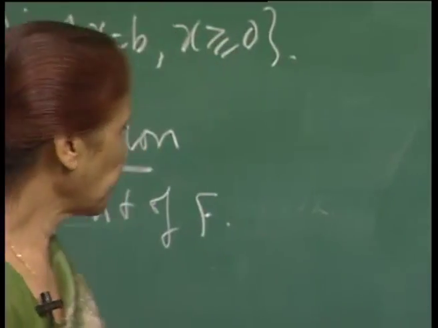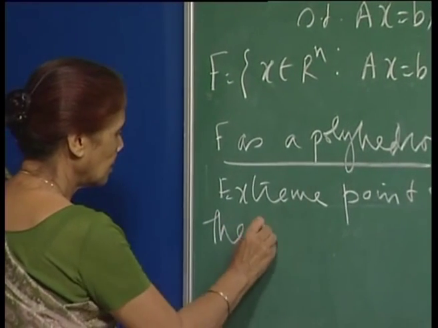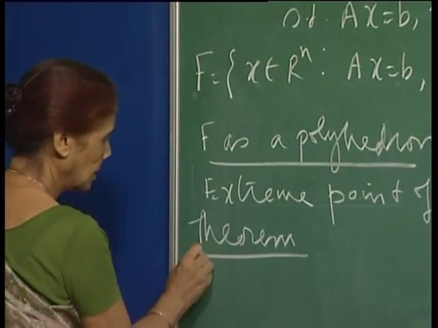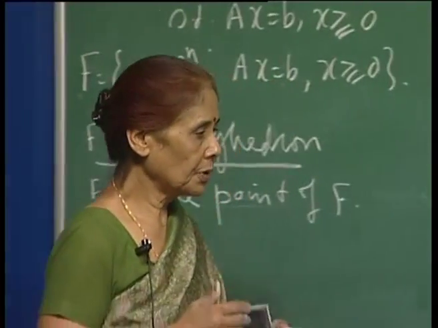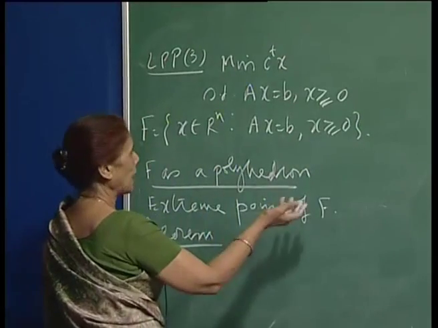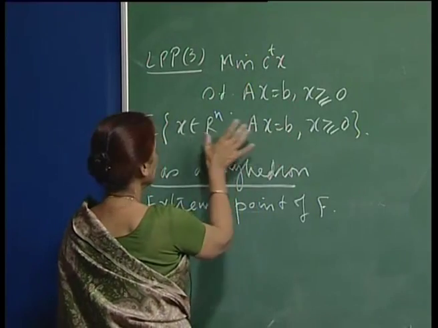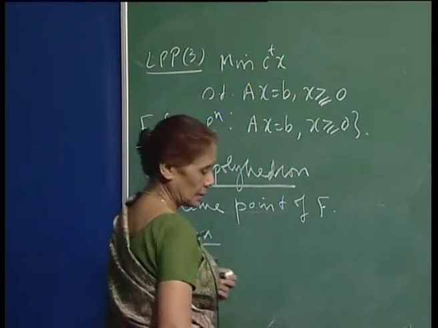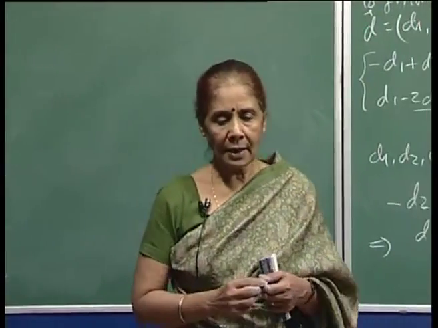So, let me write down this theorem here. I am not going into the technicalities, because if you define a polyhedron, then you talk of a dimension. Since these are all equalities, the dimension of this polyhedron in particular is n minus m, because I am assuming that rank A is m.